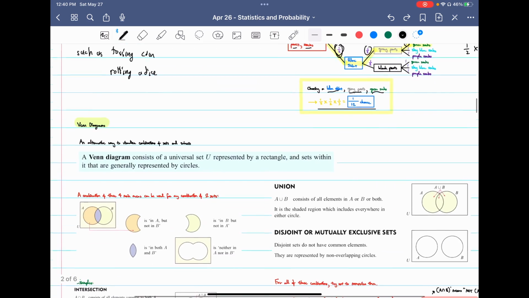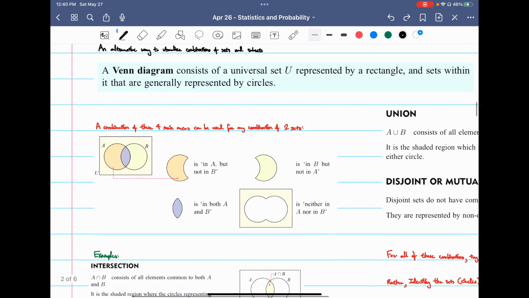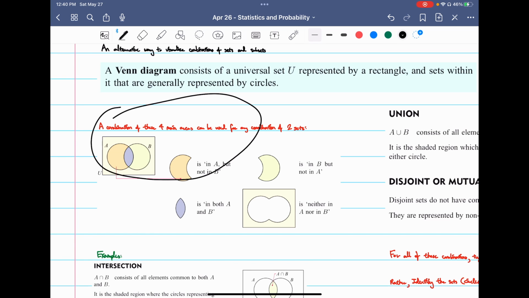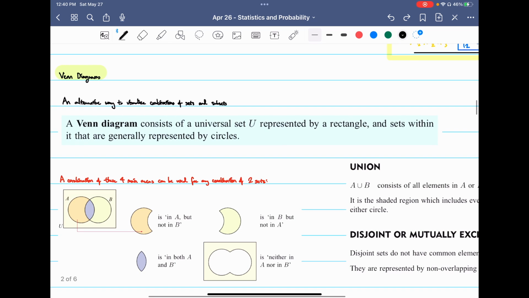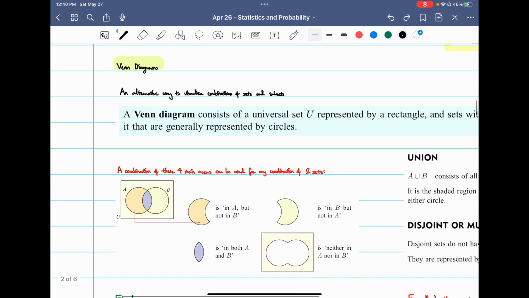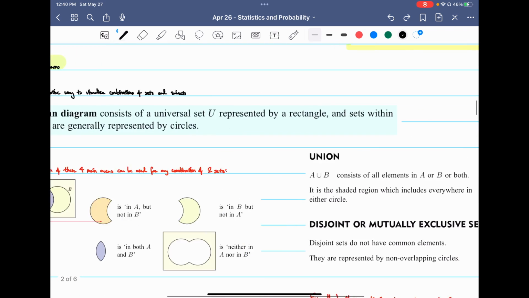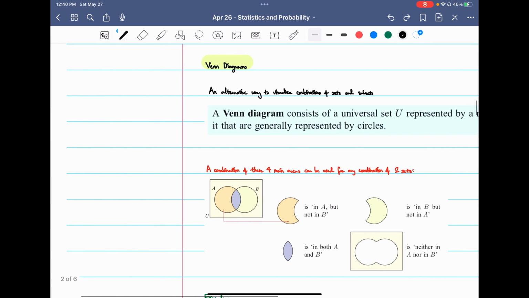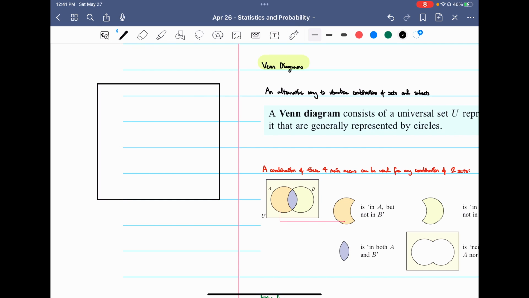Before you learn the specific things about Venn diagrams, the definition is that a Venn diagram consists of a universal set U represented by a rectangle, and sets within it that are generally represented by circles. This is not a universal law that everybody has a square universal set with circles in the middle. You can have squares in the middle like this, but it looks ugly, so they choose to use circles.